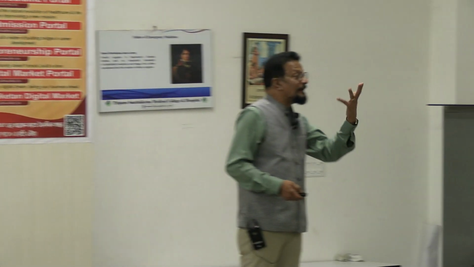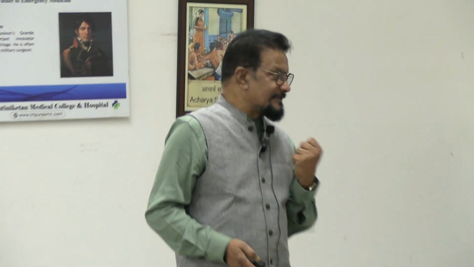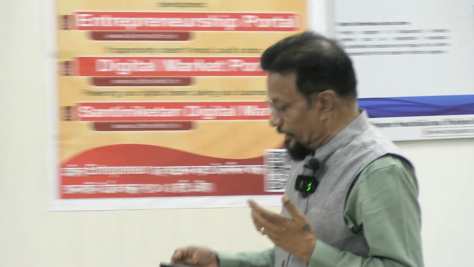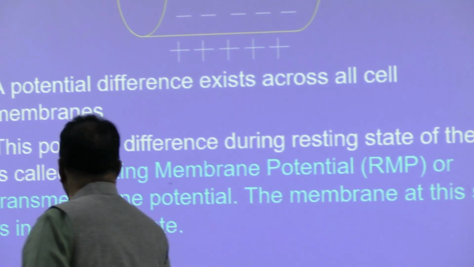This is recorded to be, say for a nerve fiber, 70 millivolt. So it is the resting membrane potential, and this is the way we determine the resting membrane potential of different tissues.